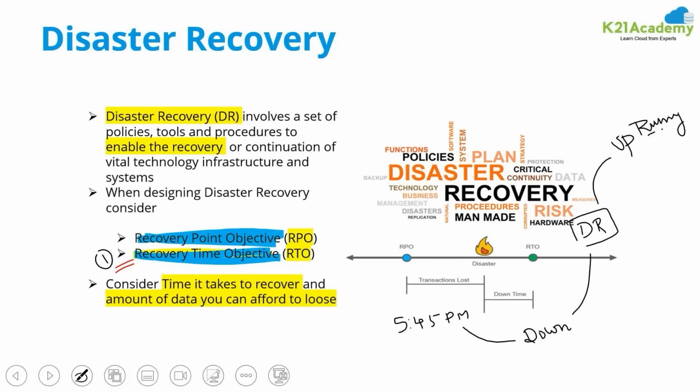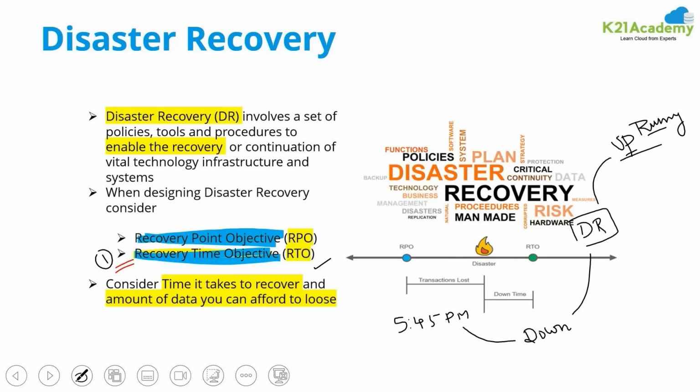My operation will be back to normal. How much time will I require to achieve it? That is known as recovery time objective. The time required to bring the systems up and running after a failure is known as recovery time objective.